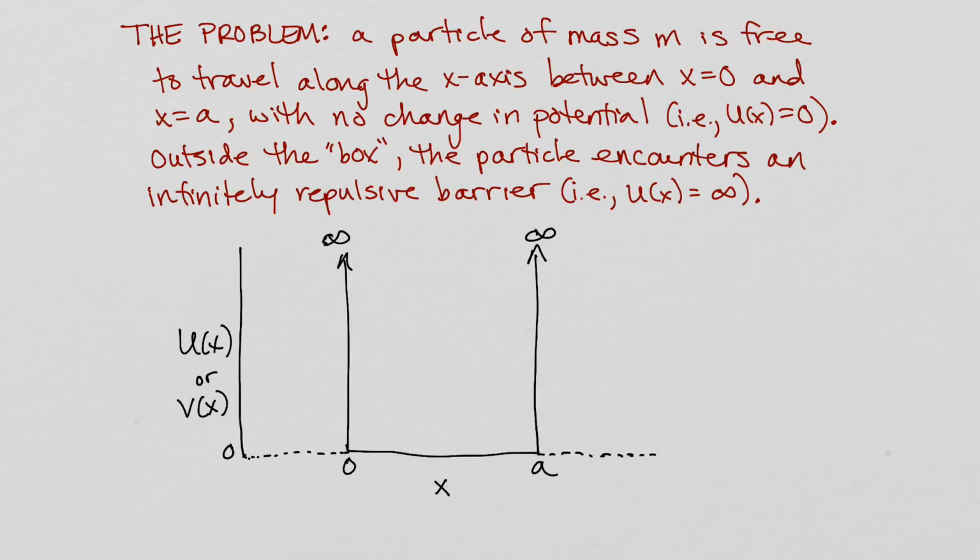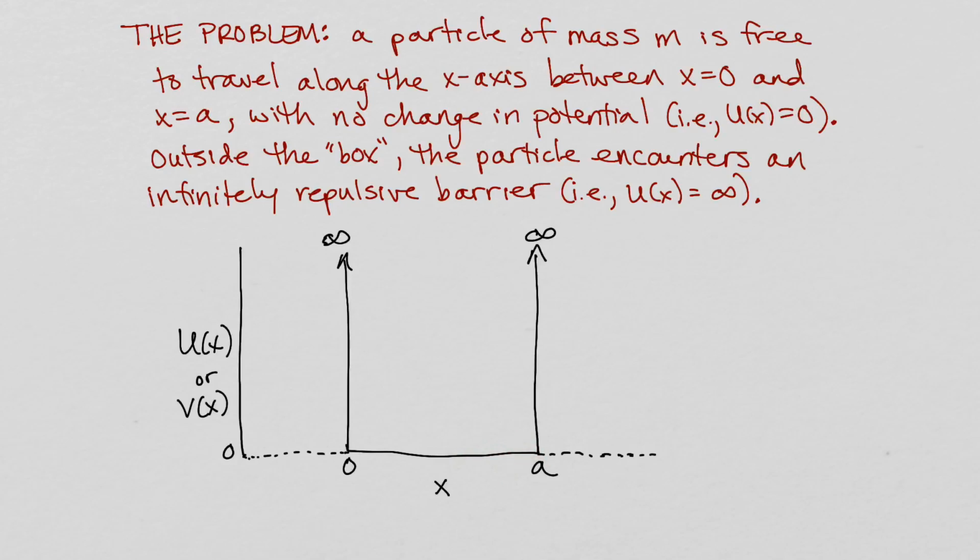Okay, so let's set up our problem. So we're going to picture a particle of mass m, and that particle is free to travel along our x-axis here. So our particle is traveling freely between our boundaries of 0 and a.